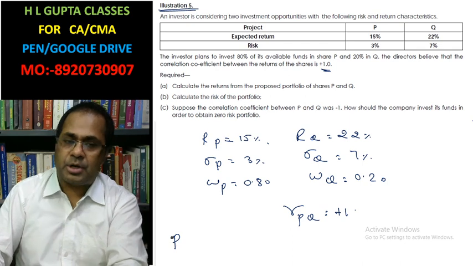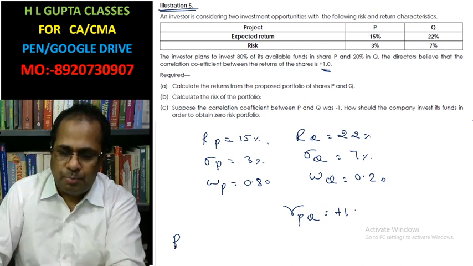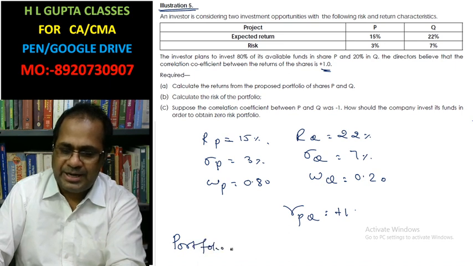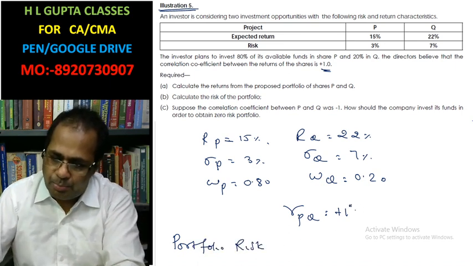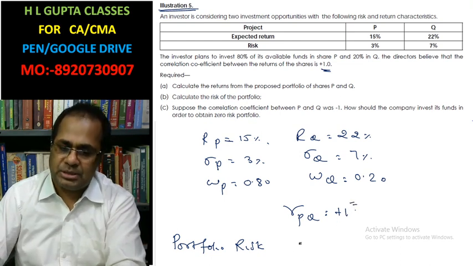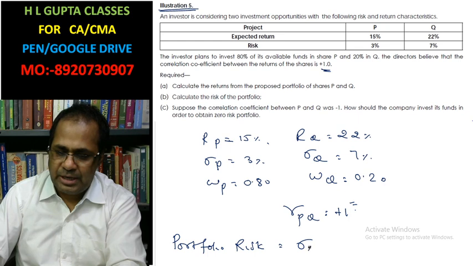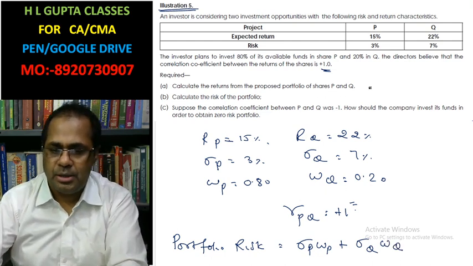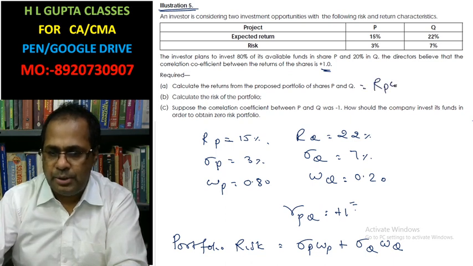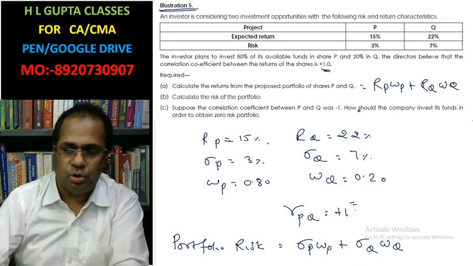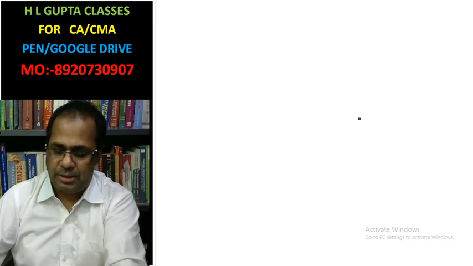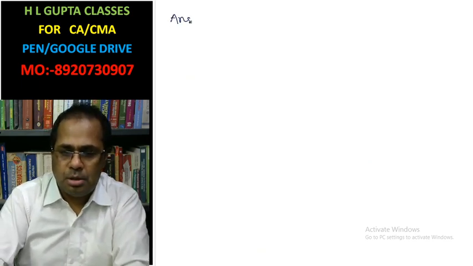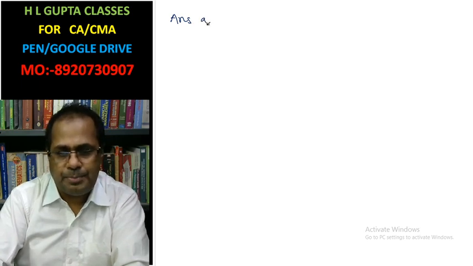With perfectly positive correlation, portfolio risk is standard deviation P times weight P plus standard deviation Q times weight Q. For portfolio return, the formula is return P times weight P plus return Q times weight Q. You have to calculate this in part A. Now I am going to give the answer of part A.